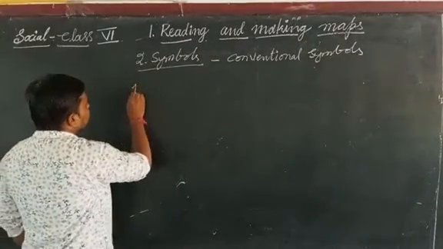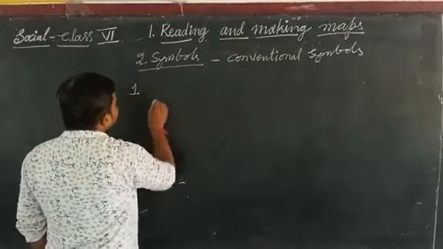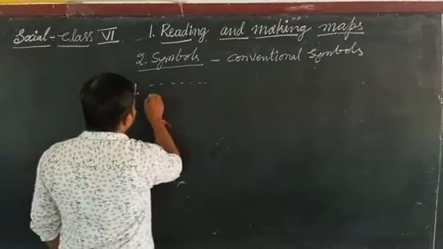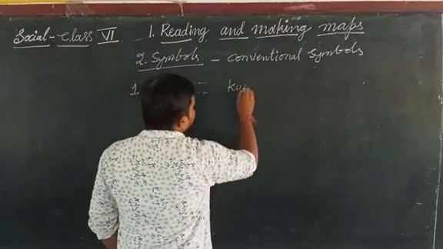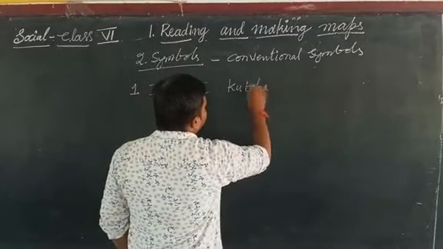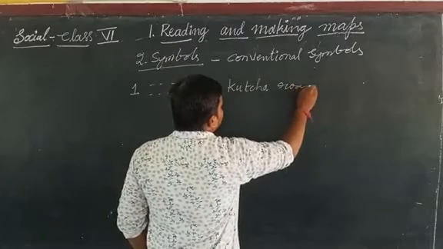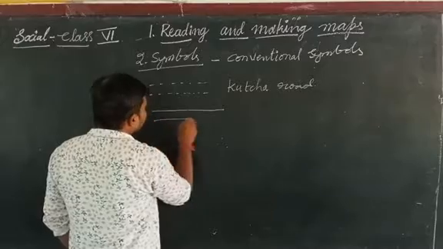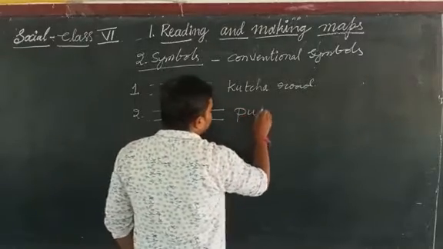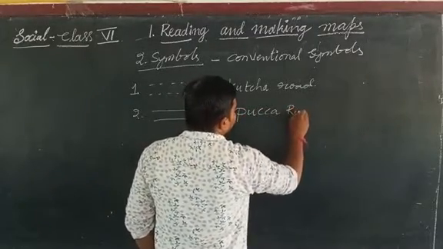For example, the first one is the symbol of Kacha road. And this is the symbol of Pakka road.